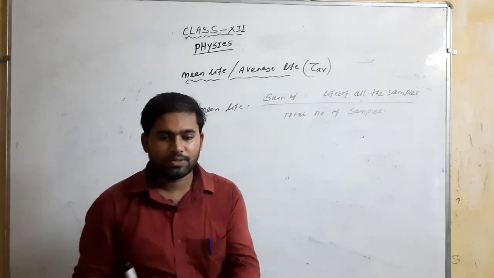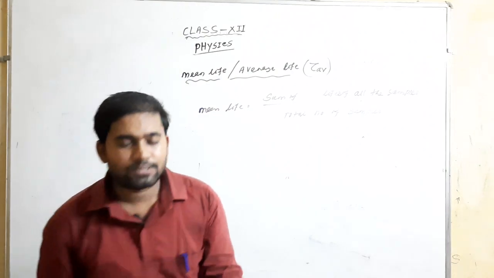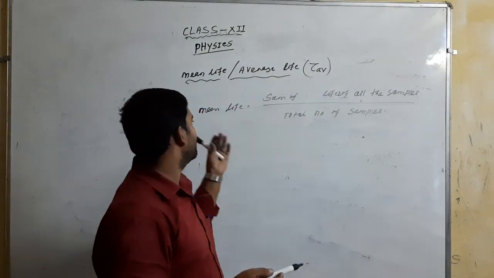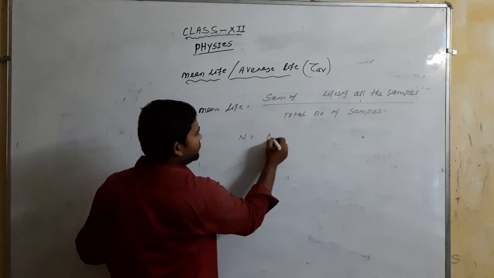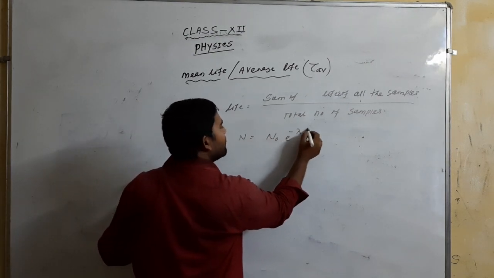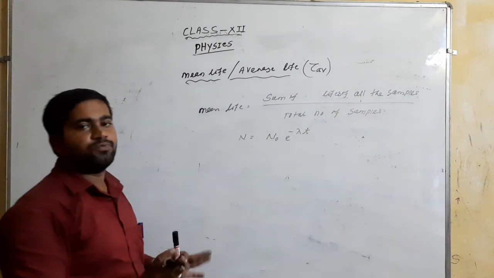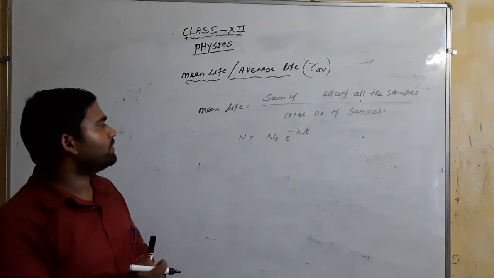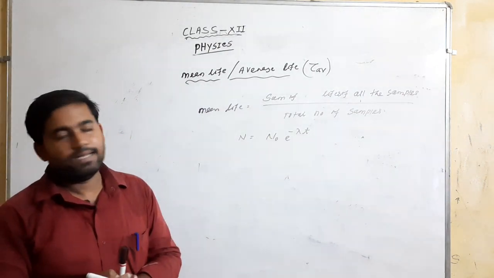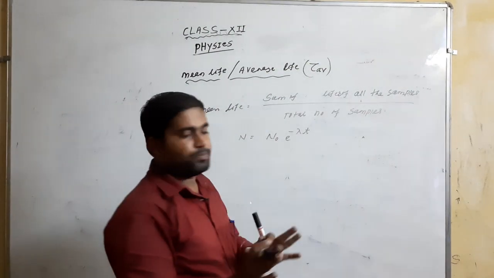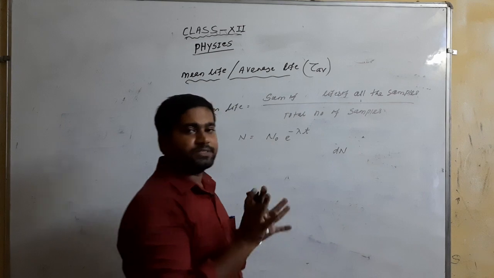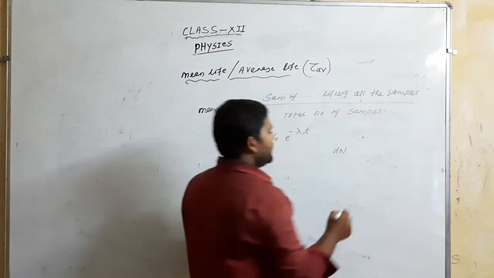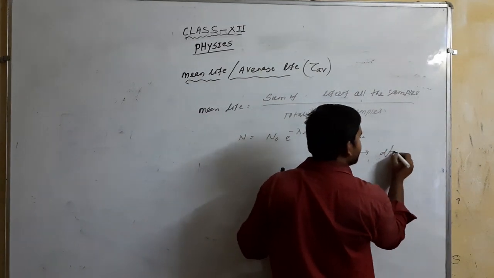Now for the expression of the mean life, from the law of radioactivity, N equals N naught e to the power minus lambda t. Suppose dN is the number of samples decaying in time dt.